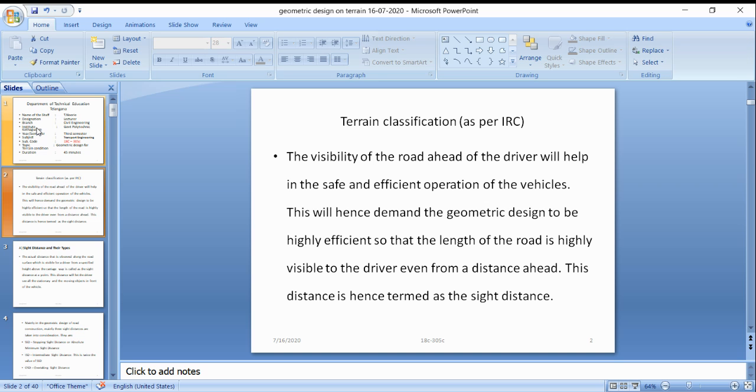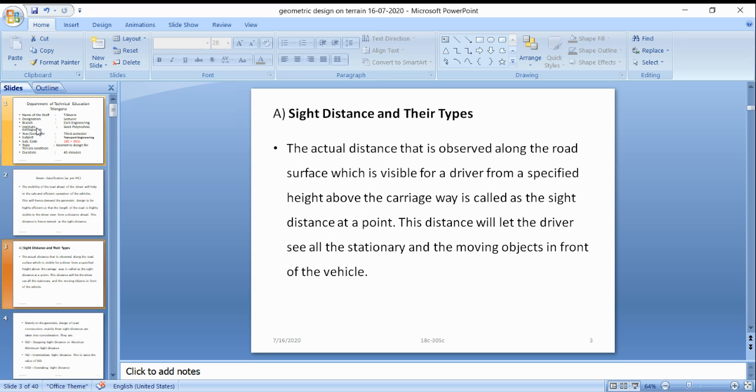Like that, he has an idea if he sees a distance ahead. So that distance is called the sight distance. So in that, there are different types we are going to see.